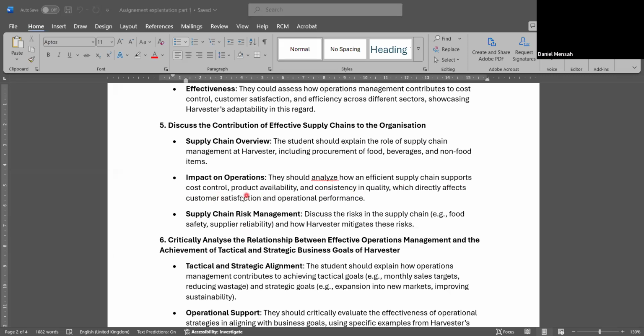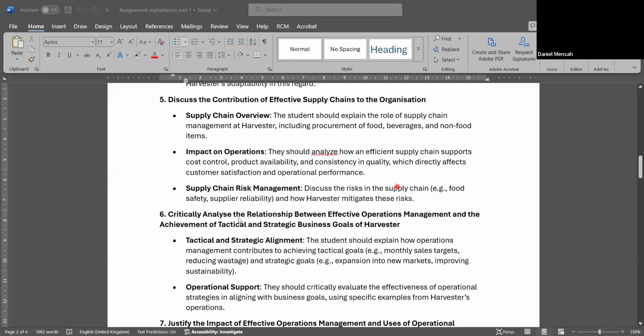It will be ensuring product availability and consistency in quality, which directly affect customer satisfaction and operational performance. So when you discuss these elements, it will help to make the analysis of how supply chain management brings impact on the operation.